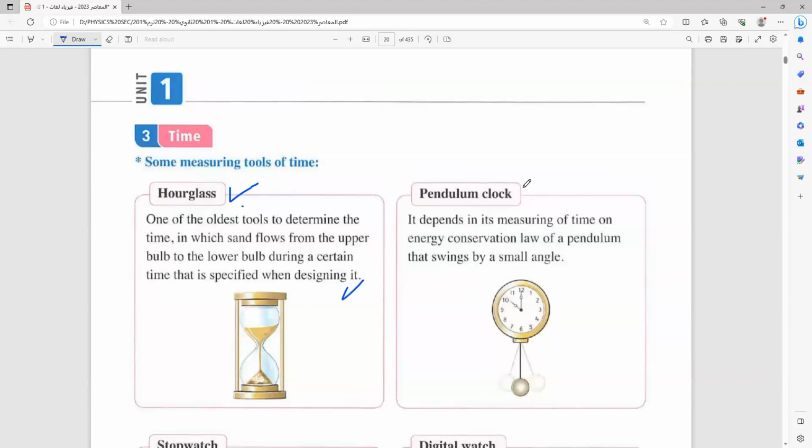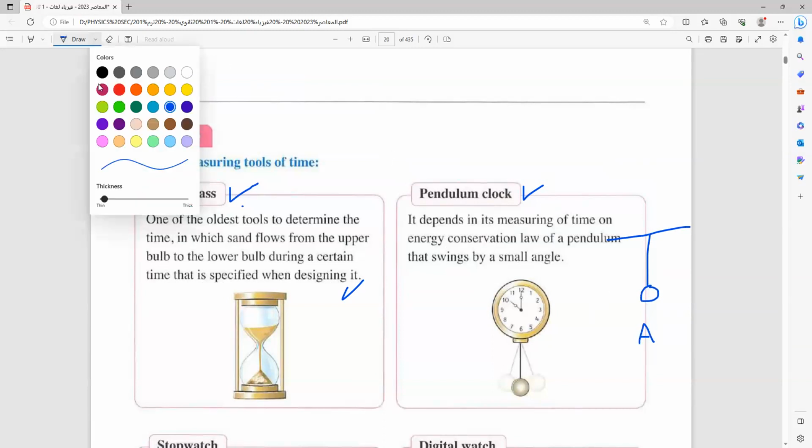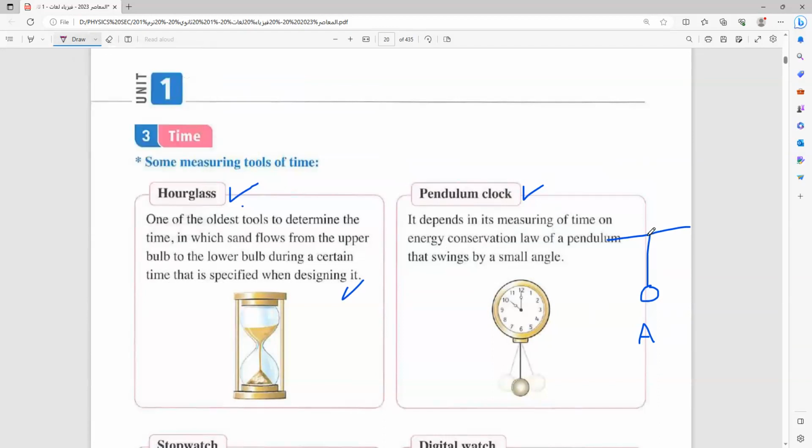Next, the pendulum clock is used to know the time, and it depends on energy conservation. All of us know the motion of a simple pendulum. It has a rest point here and it moves left and right. So it exchanges between potential energy and kinetic energy and so on.